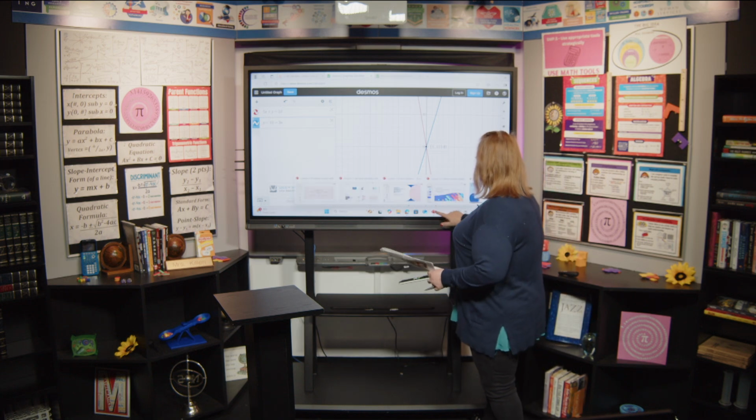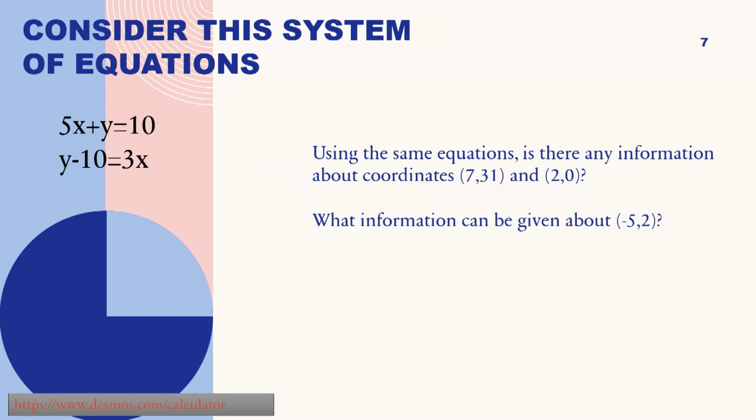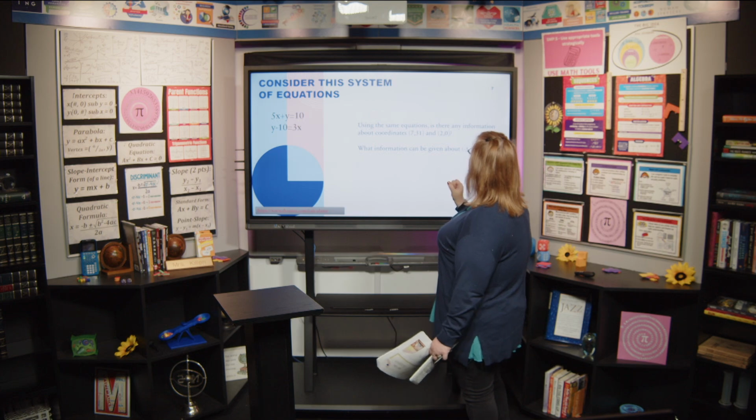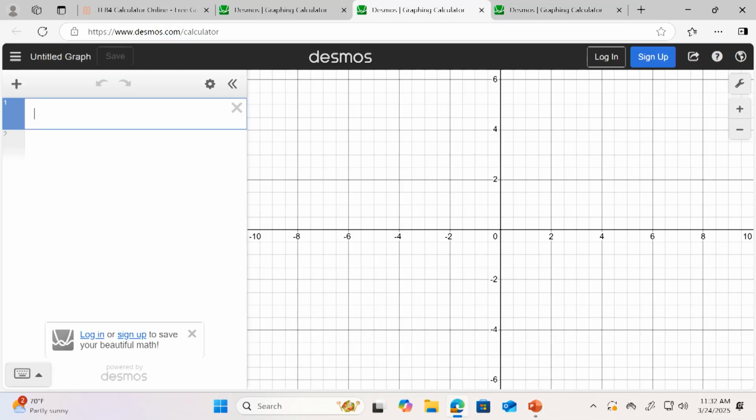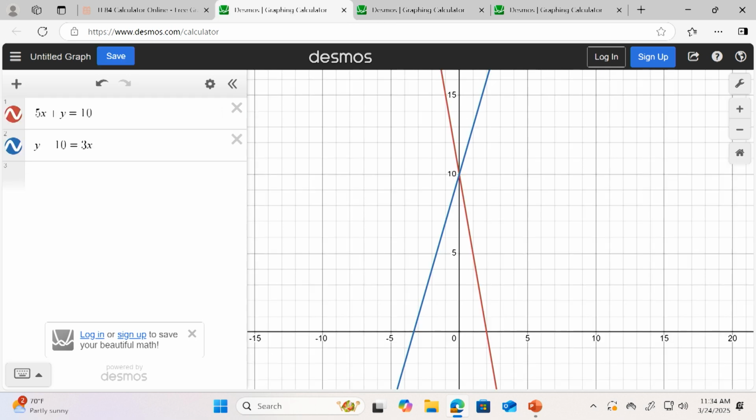All right, let's look back. It says, consider this system of equations. Same system, but now I have a question of, using the same equations, is there any information about 7, 31 and 20? So let's go back to our Desmos and look. So it tells us to use this same equation system, and it wants to know about 7, 31.